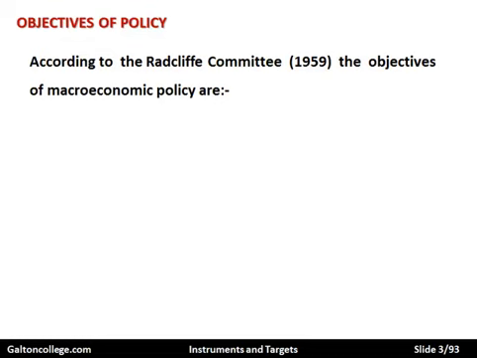So let's look at what the Radcliffe Committee considered to be the objectives of macroeconomic policy. Full employment. Well, it almost goes without saying that governments aspire to full employment. It's maybe just political rhetoric on the part of many governments, because they know full well that they can't get full employment.